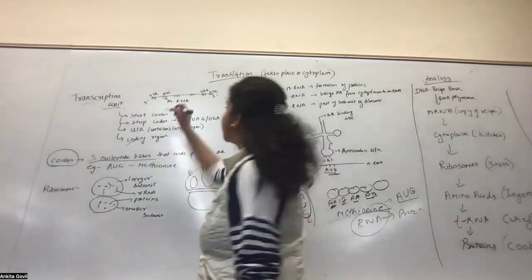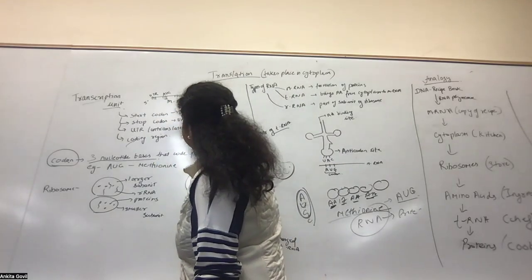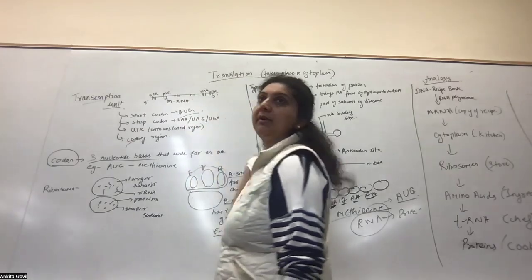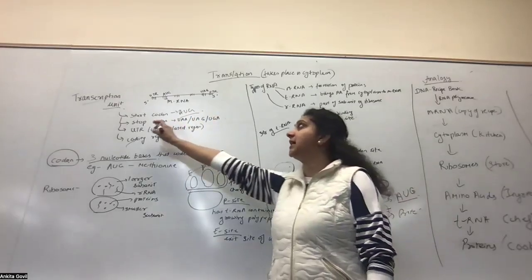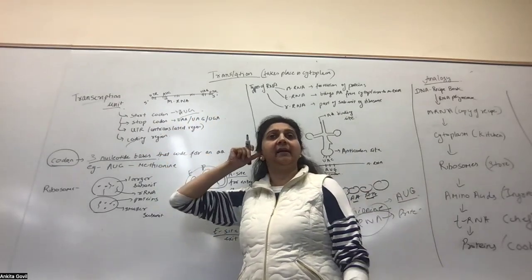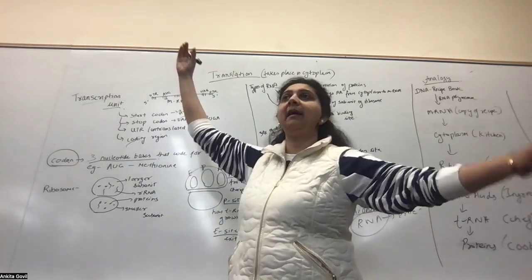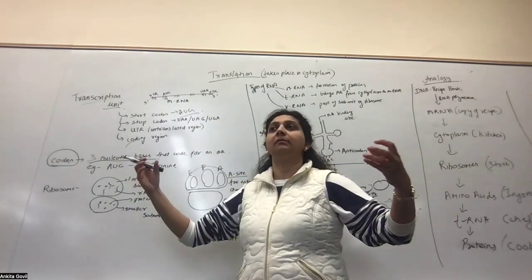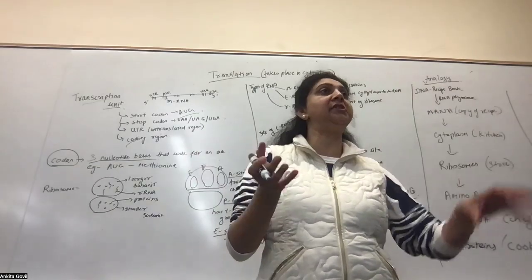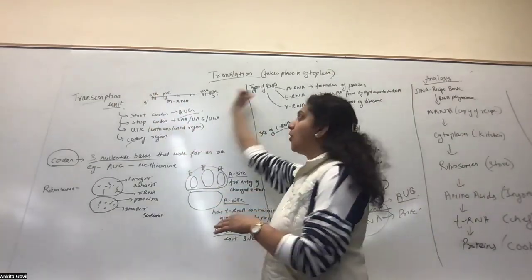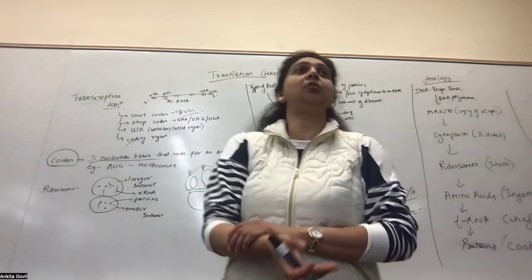Start codon is always AUG, which is methionine, as I told you, for example. So AUG is the start codon. What does that mean? There is an entire mRNA. So where should the protein synthesis start? There has to be some initiation point. There are so many codons, but nobody knows where to start.